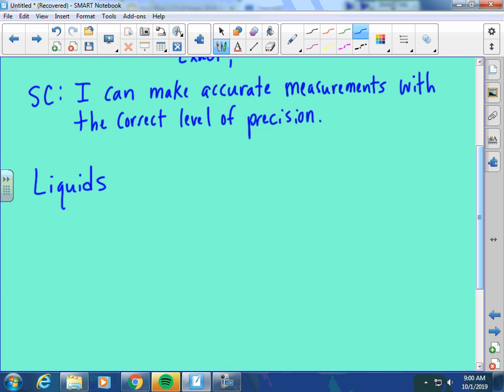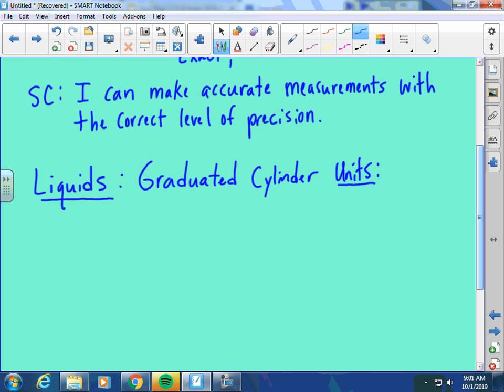With liquids, the tool we're going to use, usually, is a graduated cylinder. You guys have seen these before. And the units, never forget the units. We're going to use milliliters. We could use liters for larger volumes, but we'll be using milliliters.